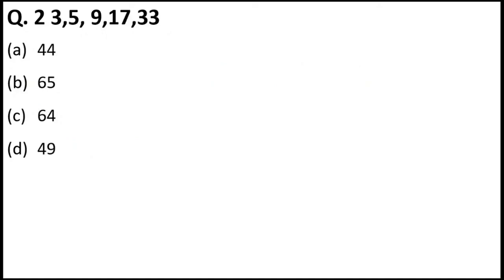Again, you have this series and you have to find the next term that comes over here. How you have to solve it is very simple. 2 to the power of 1 plus 1 gives you 3. 2 to the power of 2 plus 1 gives you 5.